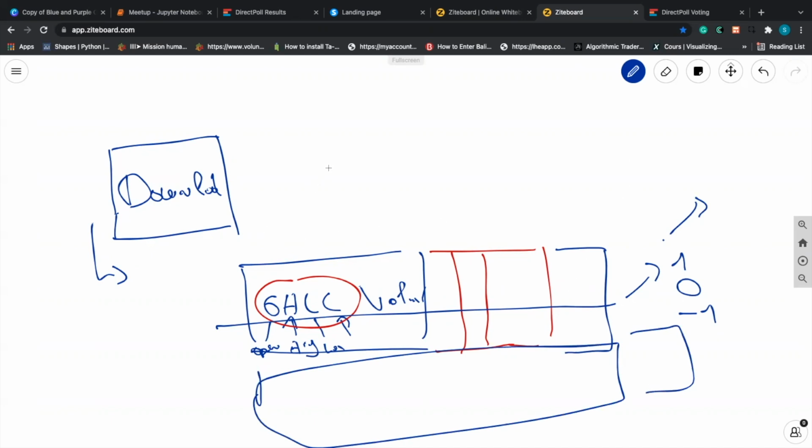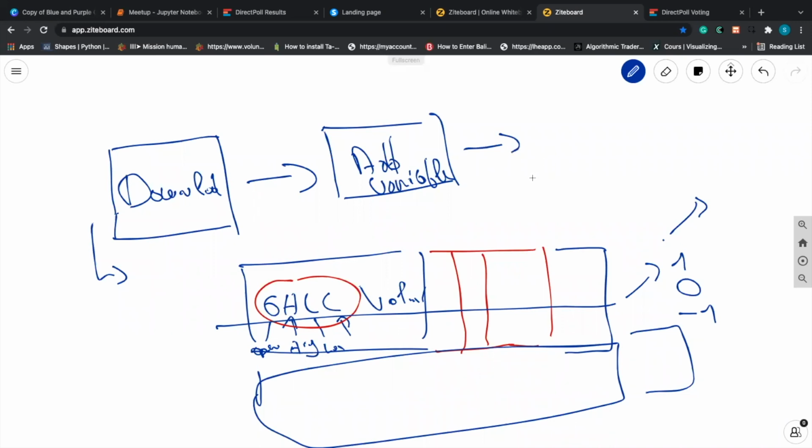Okay, so if we have to model, first download market data, then add variables in order for the machine to have as much information as possible. Once we give all these variables to the machine, we're going to create our machine learning algorithm.